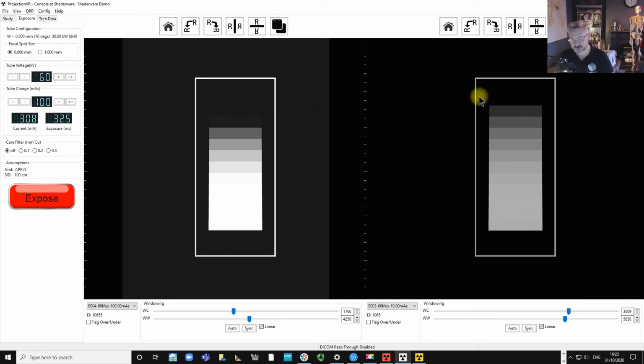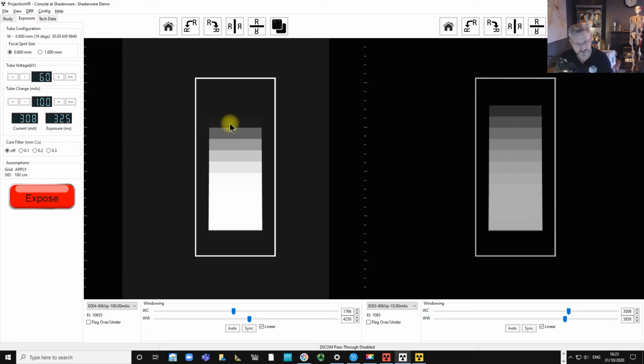And that's because the amount of radiation that's getting through is actually hitting the maximum pixel value of the receptor. So at some point, the receptor will have so many X-ray photons landing on it that it's just got to the max. And it doesn't matter how many more land, it's not going to be able to recognize those.